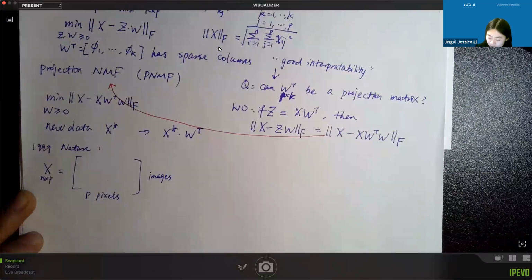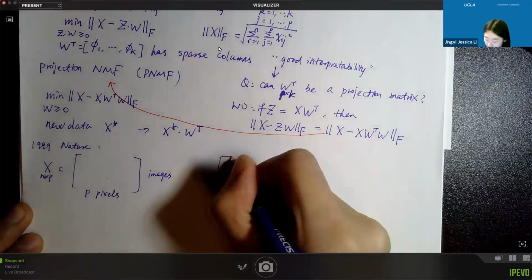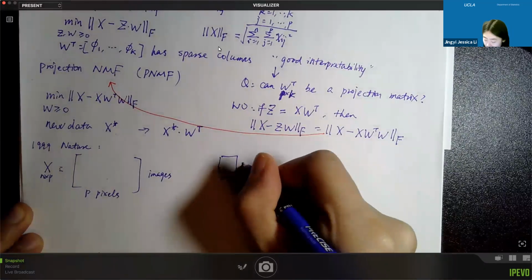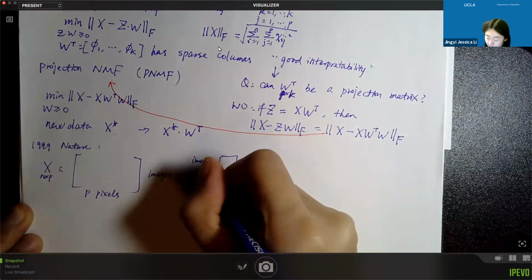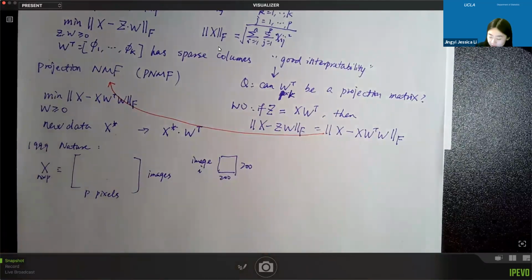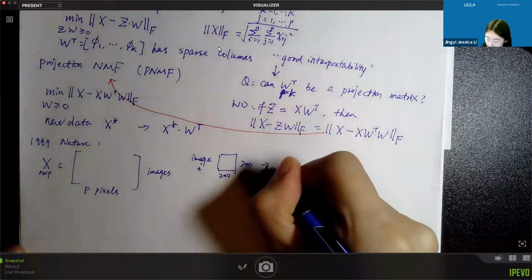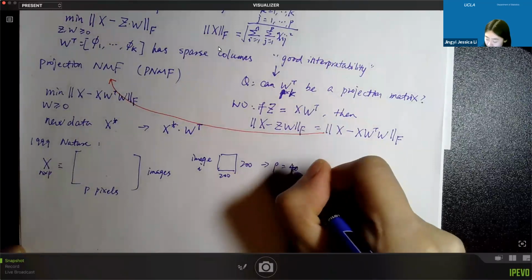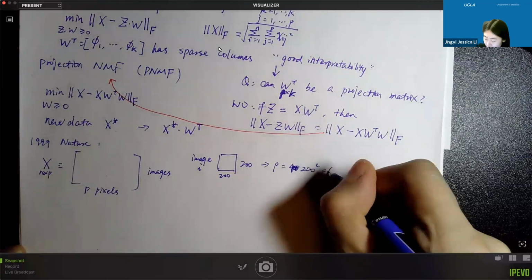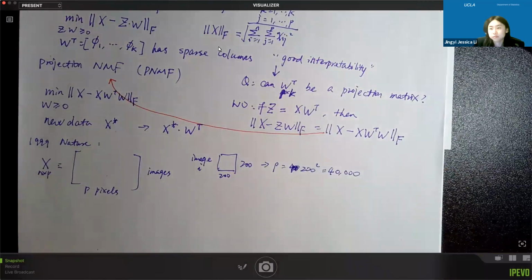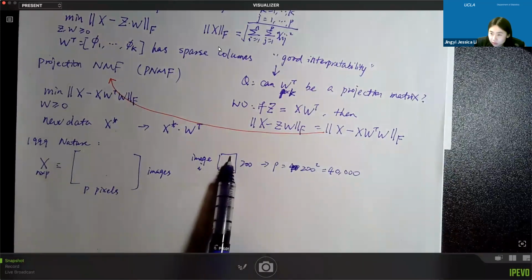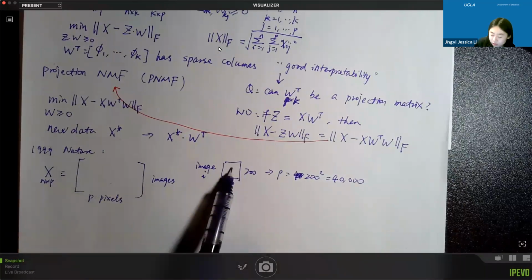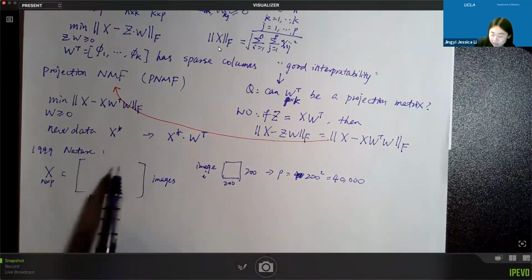So let's say each image is like 200 by 200 pixels, then P would be 200 squared, that's 40,000. So what you do is take the intensity of each pixel, in whatever order you prefer, and concatenate the rows into a long vector, that's the vector in X.